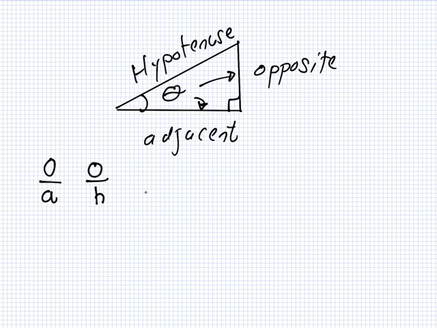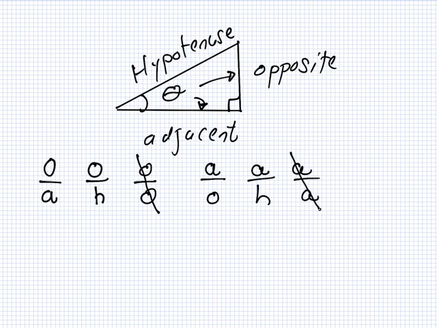But of course that one is not really useful because this will always be 1, so we don't really care about that one. You can also compare the adjacent with the opposite, the adjacent with the hypotenuse, and the adjacent with the adjacent, but again we don't care about this one because this one is always the same. And lastly, we can compare the hypotenuse with the opposite, the hypotenuse with the adjacent, and the hypotenuse with the hypotenuse. Again, we don't care about this.